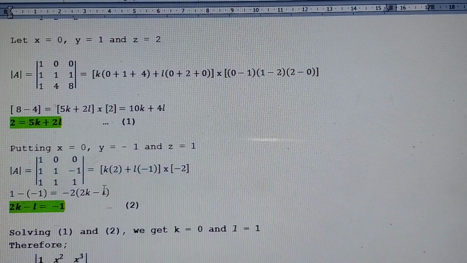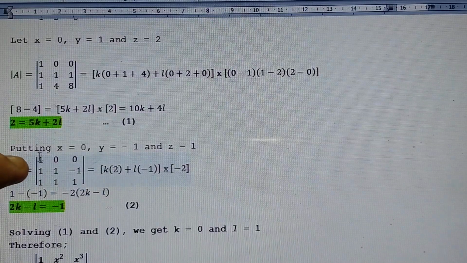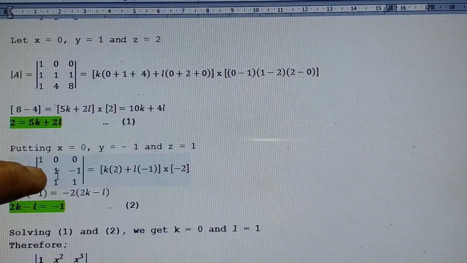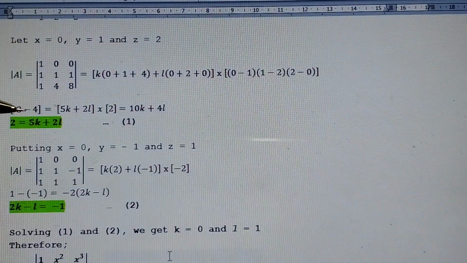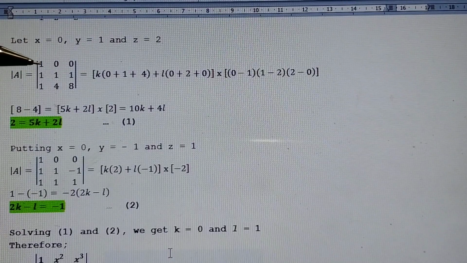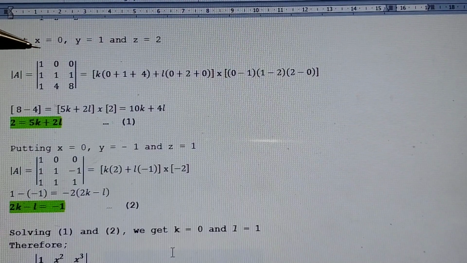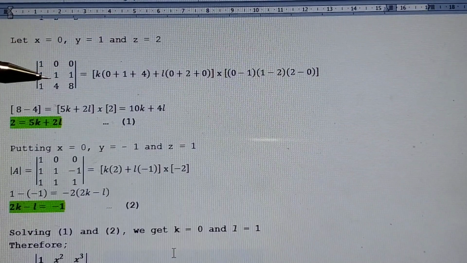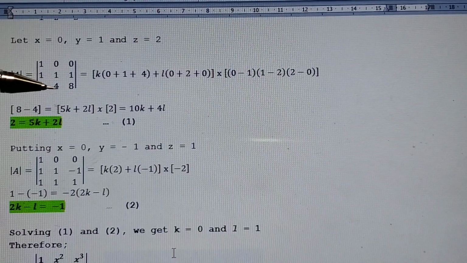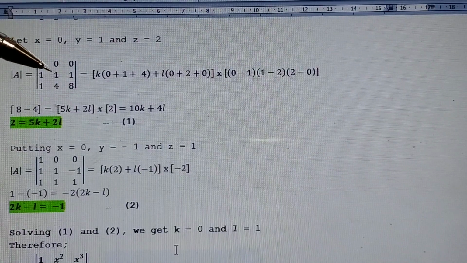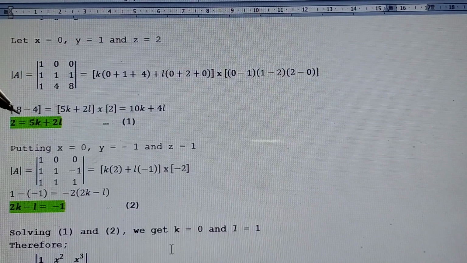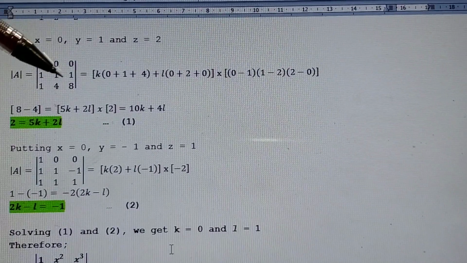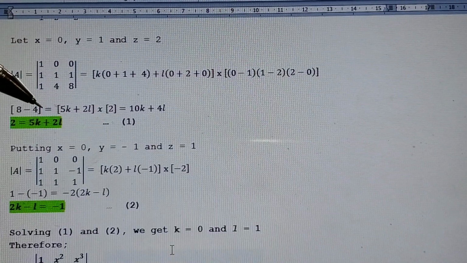Kaya, same ulit, ito ulit yung ating eliminant, yung corner, kaya ito ulit ang matitira. Ito kasing 8 minus 4, ito yung eliminant natin, yung corner. So, pag kinross out ulit natin yung column at saka yung row, ang matitira ay 1 and 4 and 1 and 8. Kaya, going down, 1 multiplied by 8, that is 8. Then, minus, going up, 4 multiplied by 1, that is negative 4.